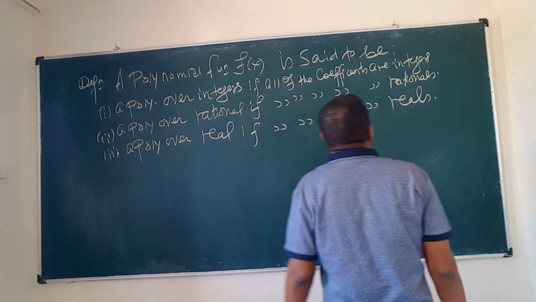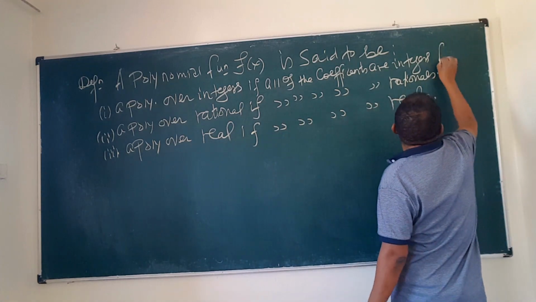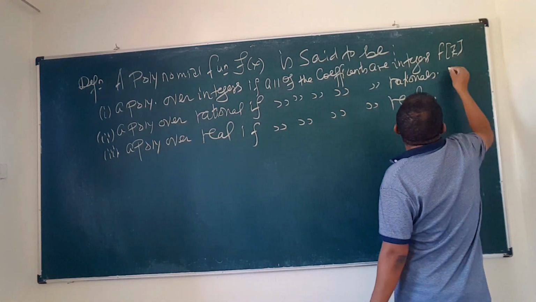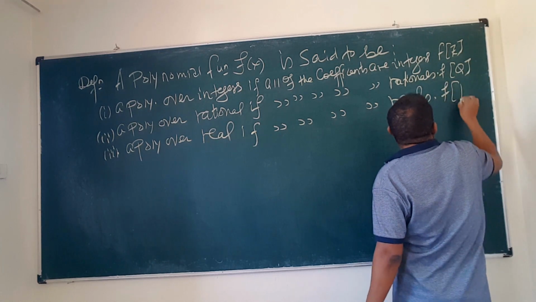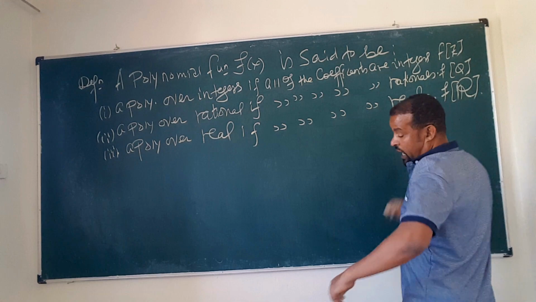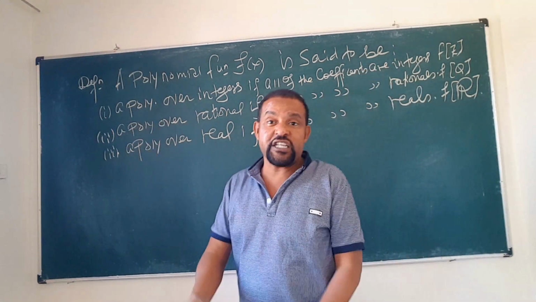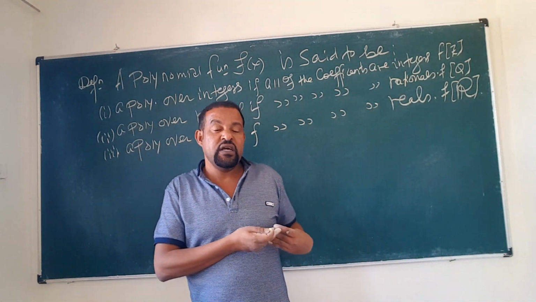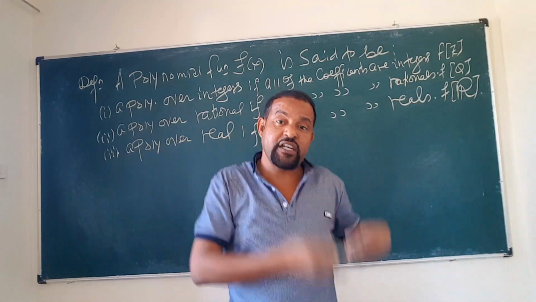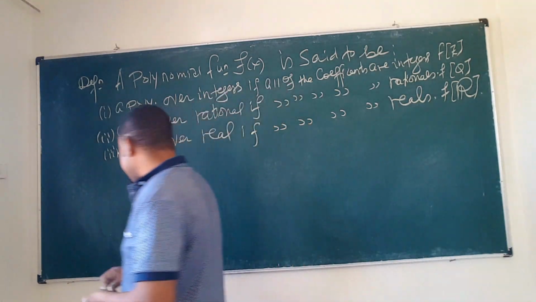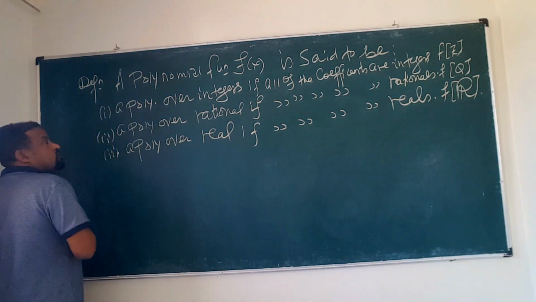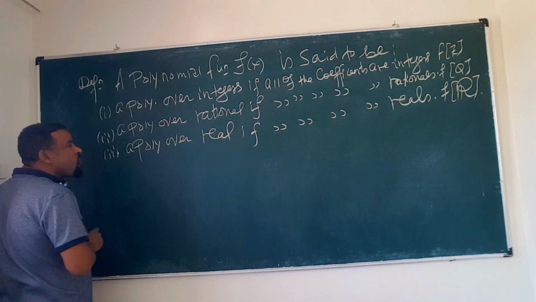Of course, some authors write f of x over integers, f of x over rationals, and f of x over real numbers. Okay, so if all the coefficients are integers, the polynomial is a polynomial over integers; a polynomial over rationals if the coefficients are rational; and a polynomial over reals if the coefficients are all real.